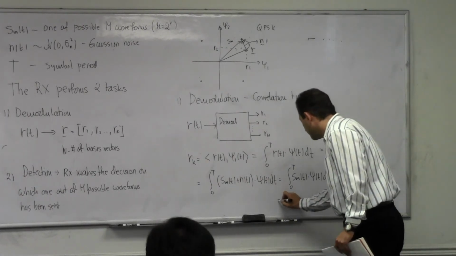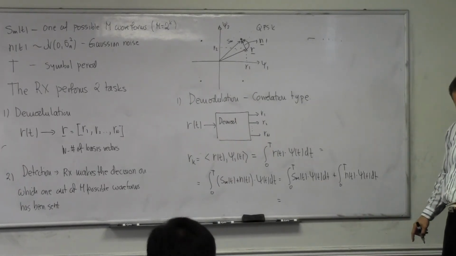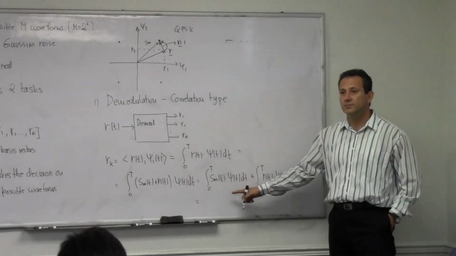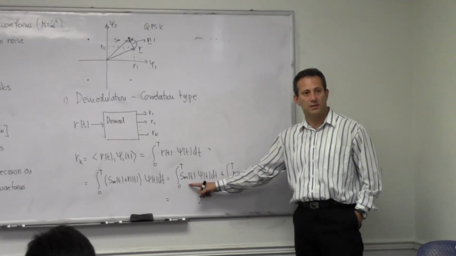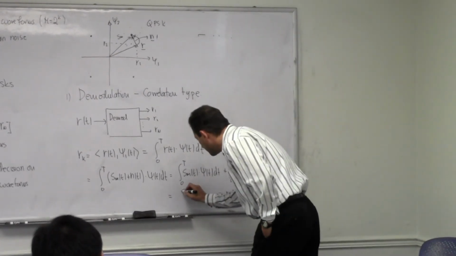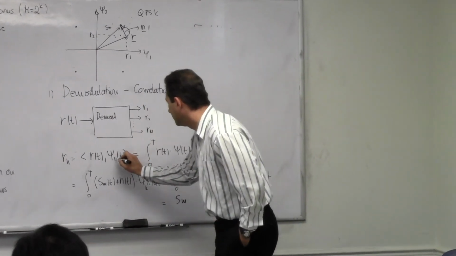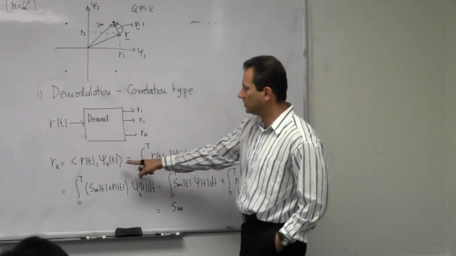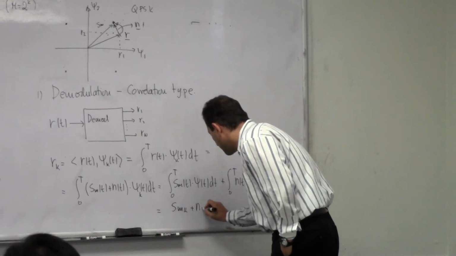What is this first one? This is a projection of what? Of my symbol, or my signal from the signal set, onto the basis vector. I already know that this is Sm, this is K, right? Because I'm projecting everything onto the K basis vector. So this is going to be SmK plus nK.